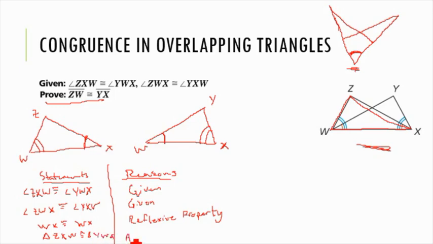By angle side angle. And finally, I ran out of room here, but if we go up here, I can say that ZW is congruent to YX. Why? Because corresponding parts of congruent triangles are congruent.